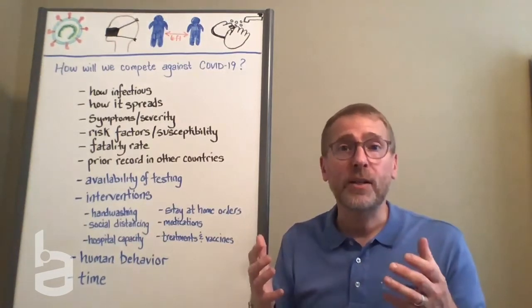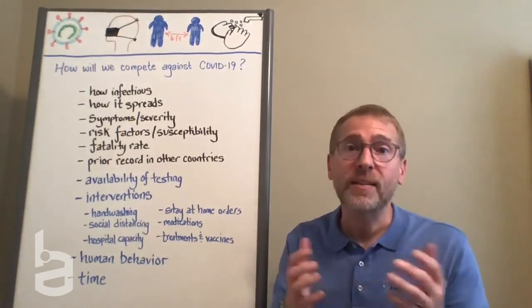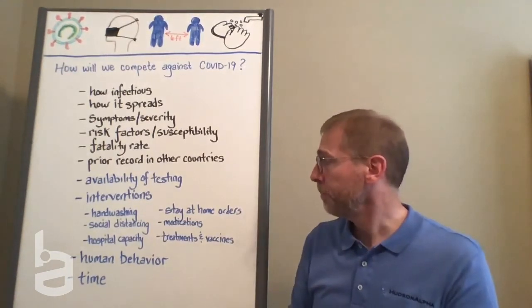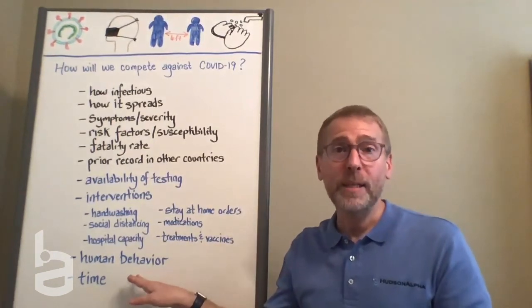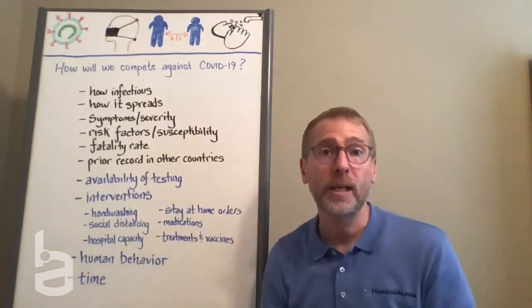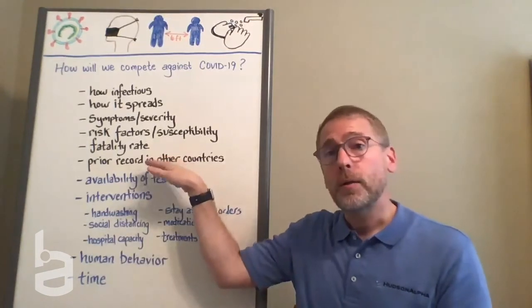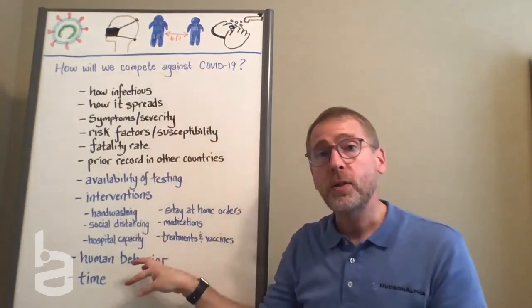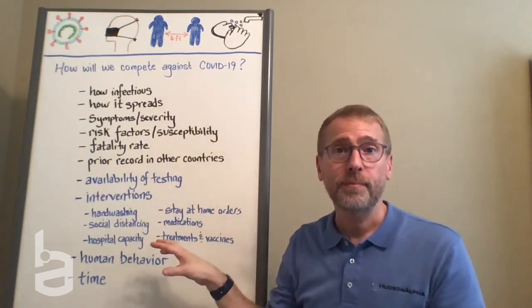Do we have access to the right medicines? Are we developing new medicines? Are vaccines on the horizon? What's human behavior going to do? We can make recommendations all day long, but unless people are willing to follow those recommendations, that doesn't do us any good. So the models take all this into account, and different models weight this in different ways.